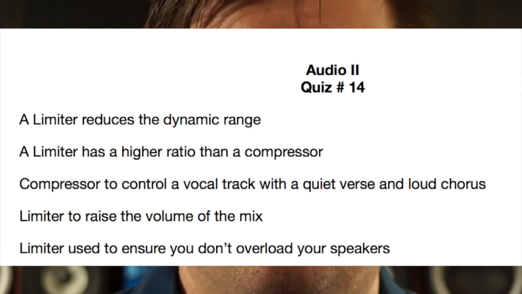You can set the ratio at like 3-to-1 and bring it down to a point where maybe it's not even compressing the verse at all, right? But it's compressing the chorus, right? We've all heard lots and lots of songs where they're whispering the verses and screaming the choruses, but it's not the difference, the dynamic range is much smaller.